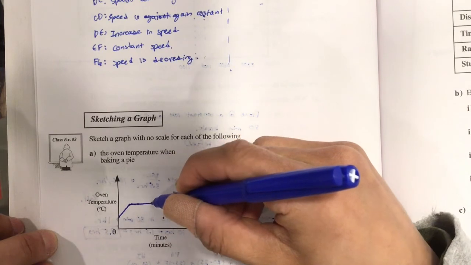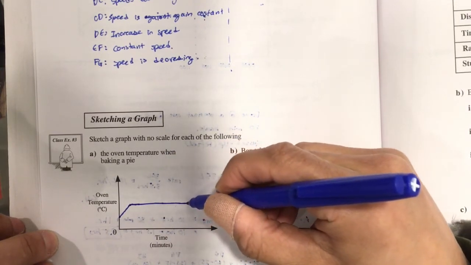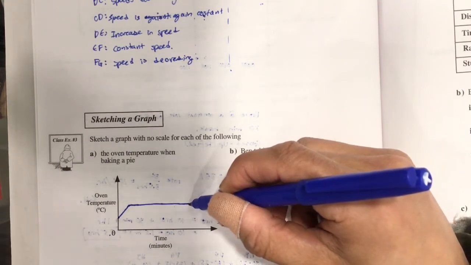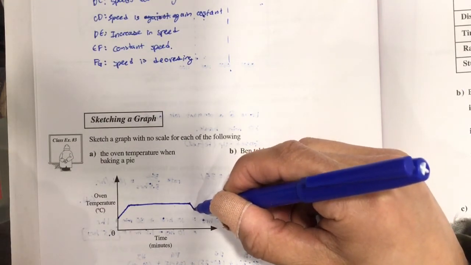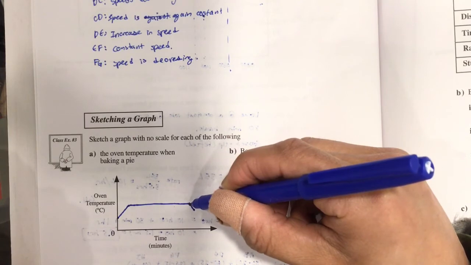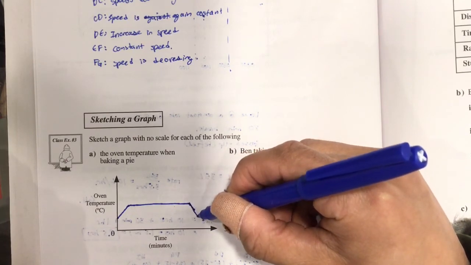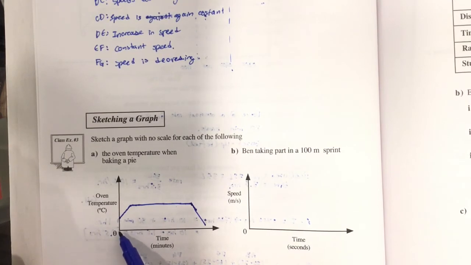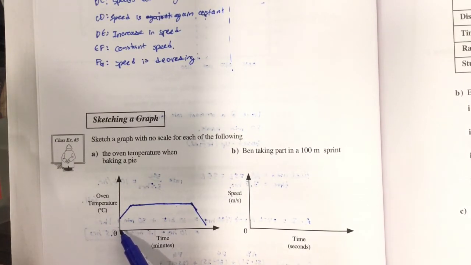And so you would bake your pie at the constant temperature, and then you'll take your pie out and you'll let it cool down, and then the overall temperature, especially if you turn off your oven after, is going to decrease. It probably won't decrease to 0 because your oven would be very cold, and if it decreased to 0 degrees Celsius, that means your oven is outside in the middle of winter.